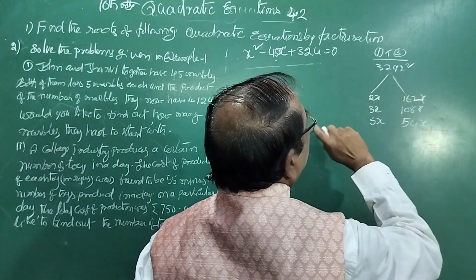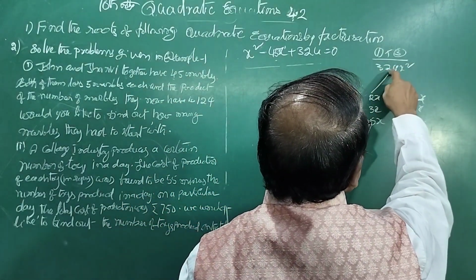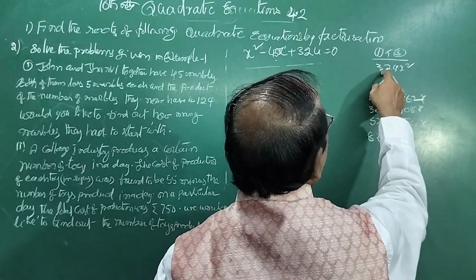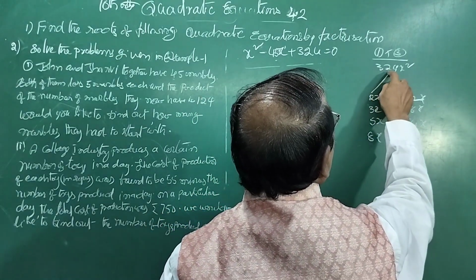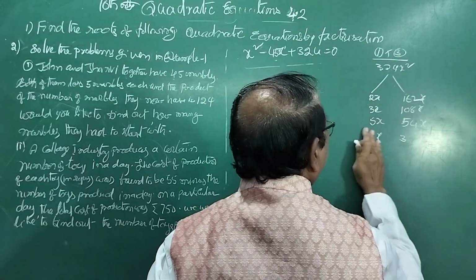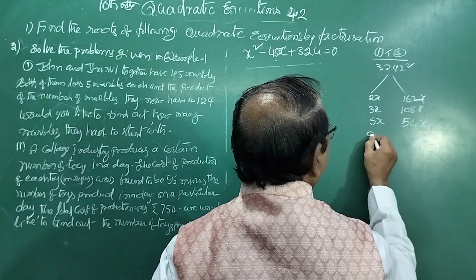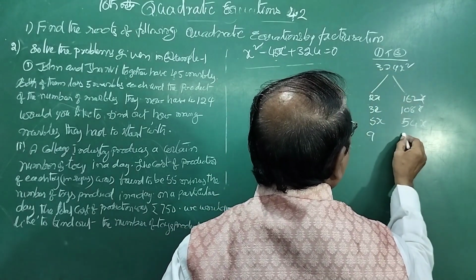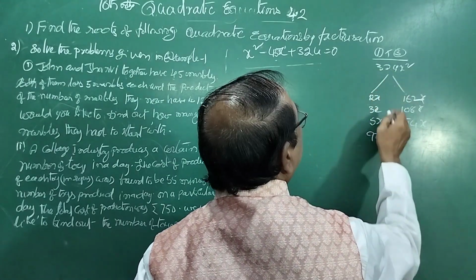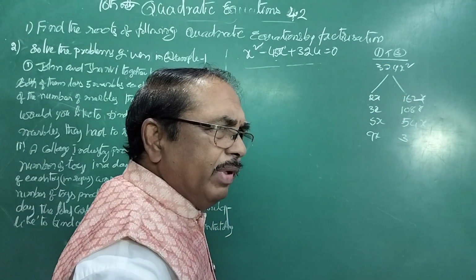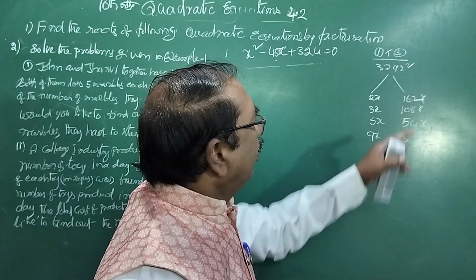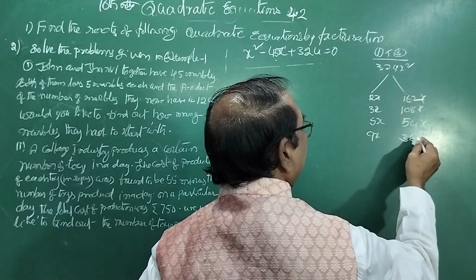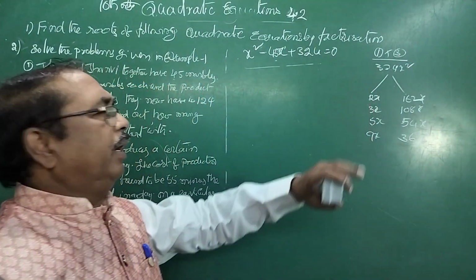7 does not go, 8 does not go, 9 goes. How many times? 9 goes 36 times, 9 times 36.